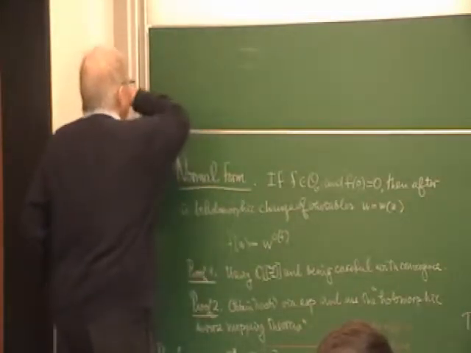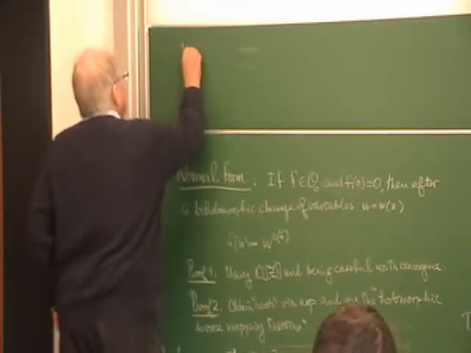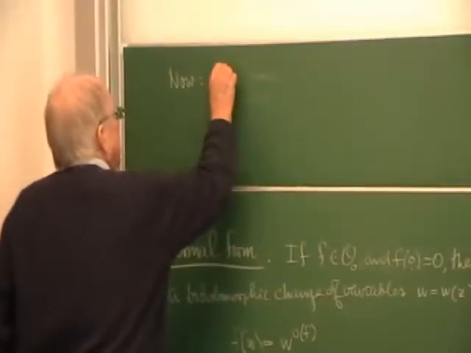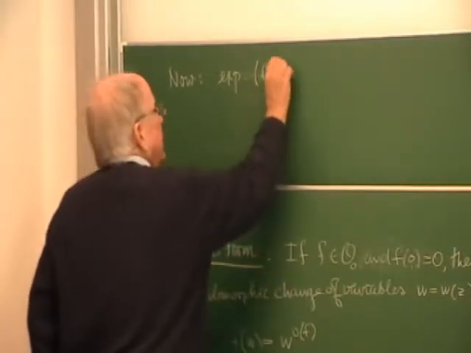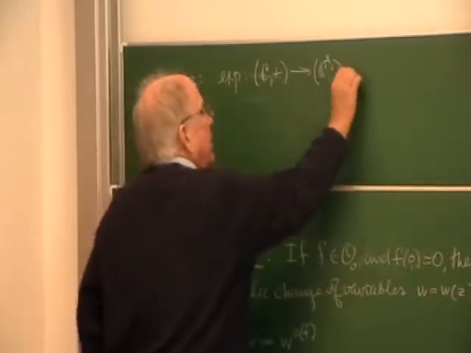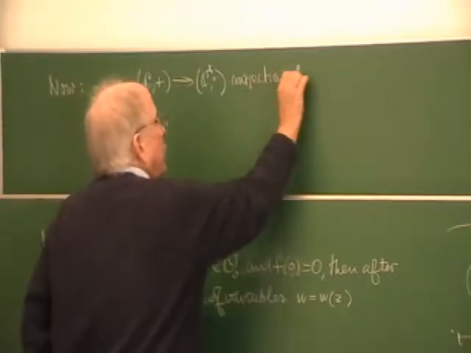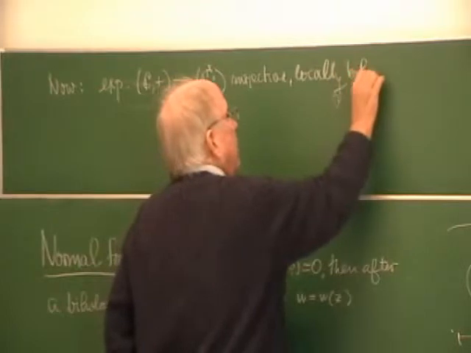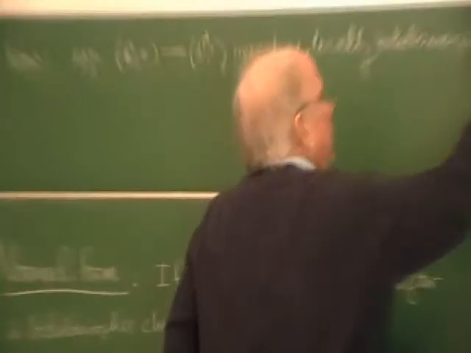So a bit more about the exponential map. Now we know that the exponential map is a surjective, locally biomorphic homomorphism.